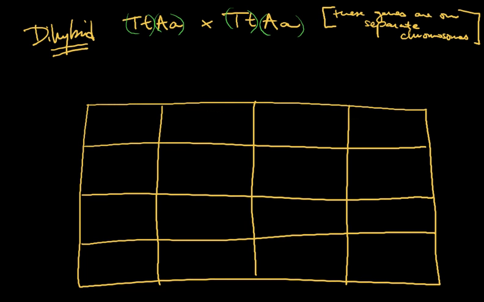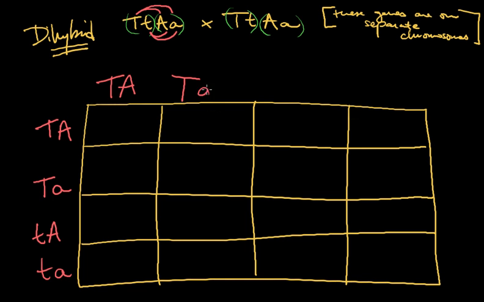So the first letters, the outer letters, the inner letters, and the last letters are combined. So we've got big T, big A; big T, little a; little t, big A; little t, little a, are the different combinations of these alleles that are going to be produced in the sperm or egg. And because the other parent is the same combination, it's going to have the same outcomes from FOIL.